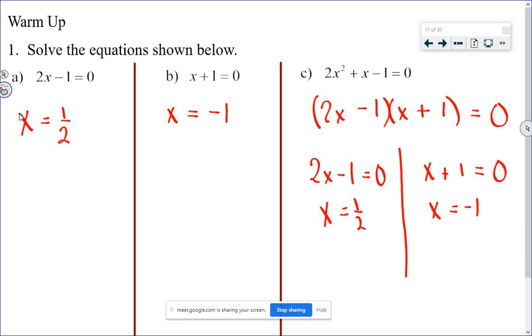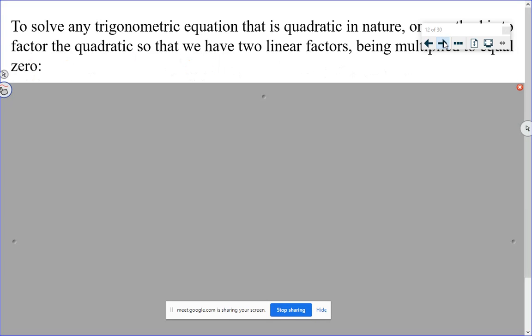And the point is that since these two linear equations contain the factors within the quadratic equation, the two solutions for the linear equations are the solutions for the single quadratic equation. The lesson is, if you have a quadratic equation, you factor it and solve the linear equations that result.